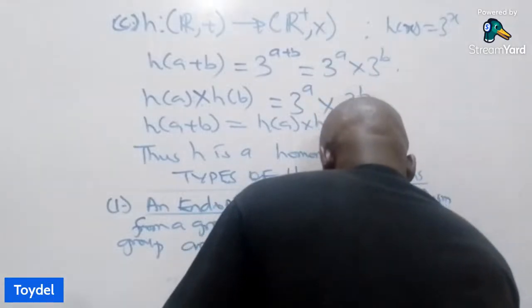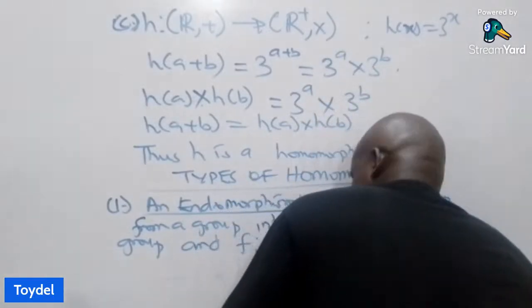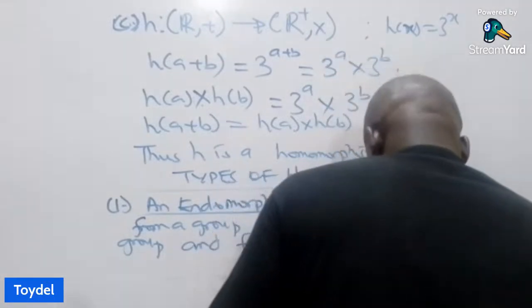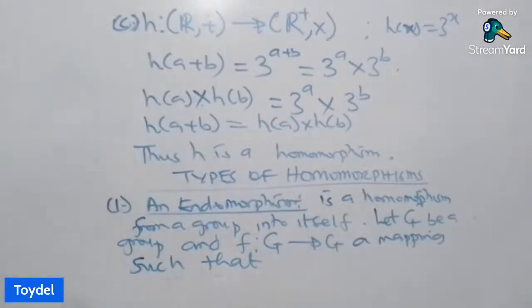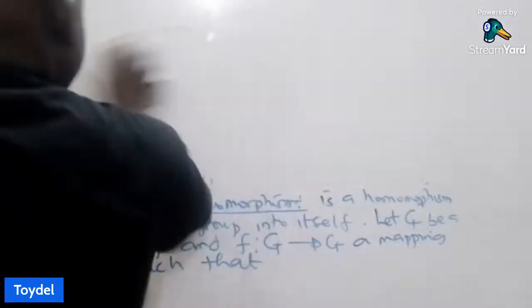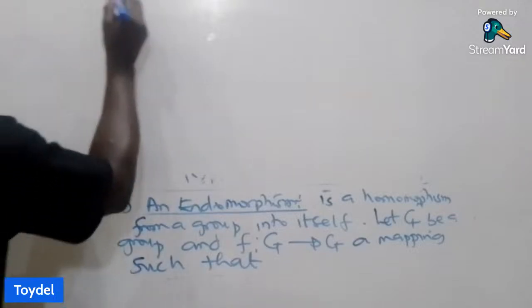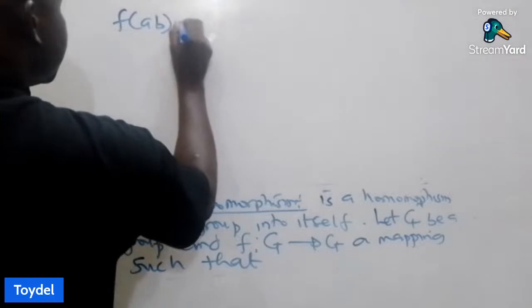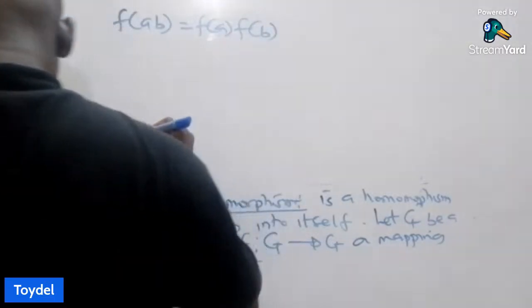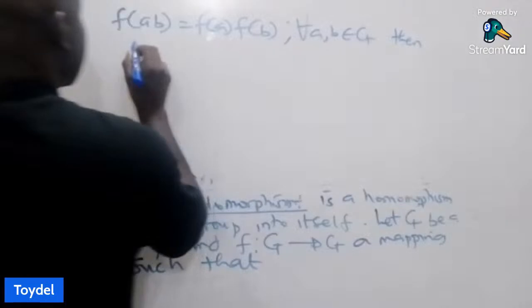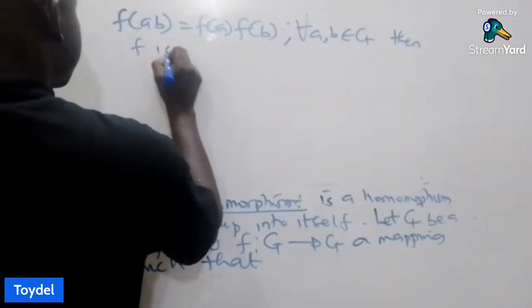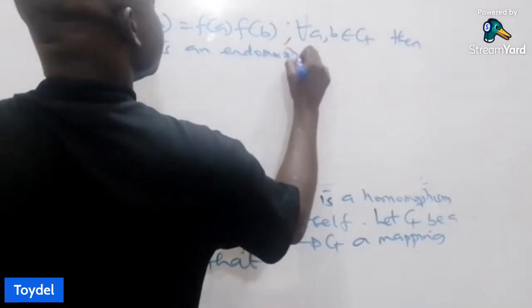Okay. A mapping F from G to G, a mapping such that F of AB is equal to F of A multiplied by F of B for all A, B belonging to G. Then F is an endomorphism.